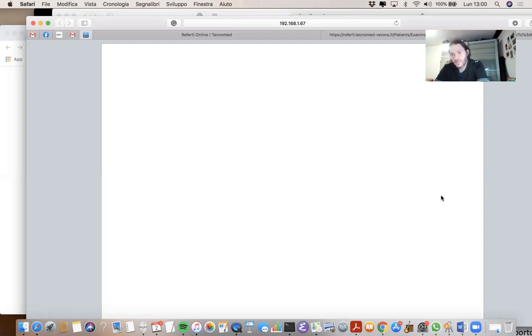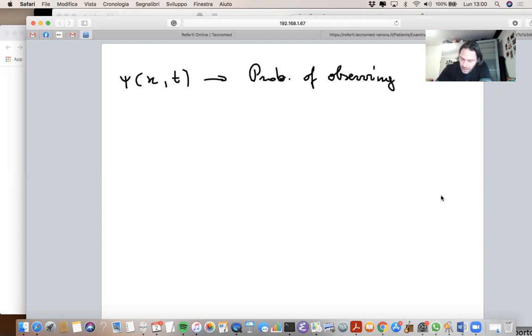To be more precise, we know that the wave function as a function of x, and in general the time-dependent wave function, provides me the probability of observing the particle at configuration x, or at point x, and time t.